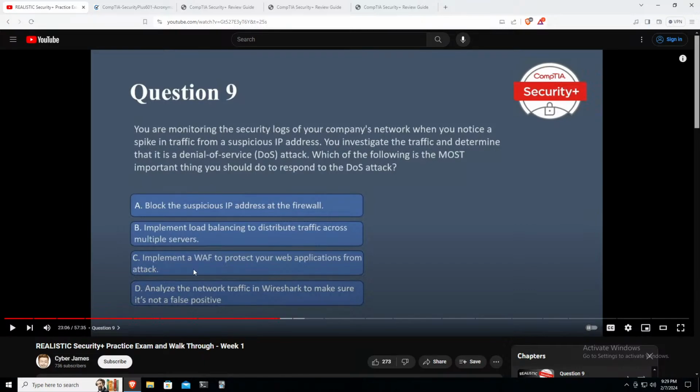Identify the problems, stop the bleeding, and then go from there. I'd say A would be the correct answer here. Let's see. Could be wrong.